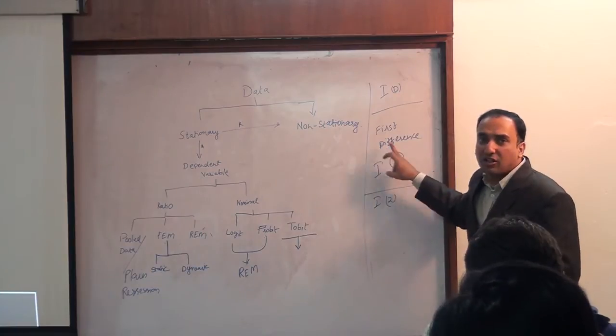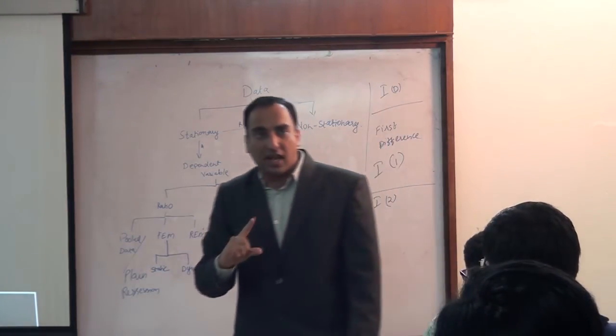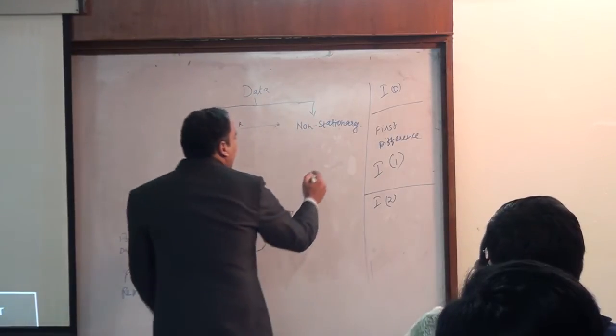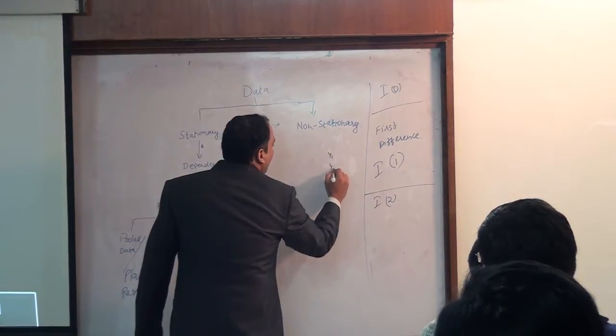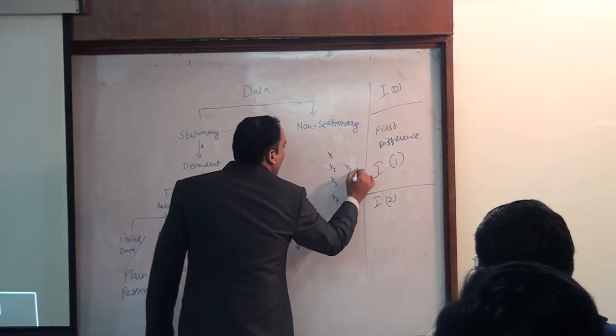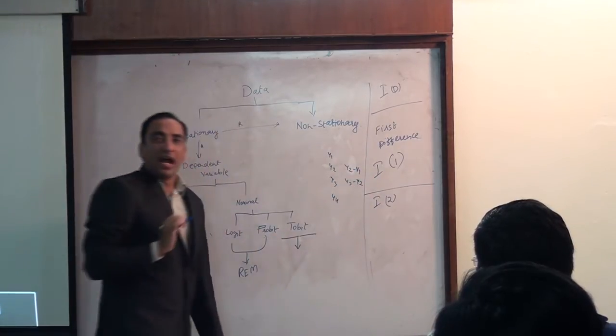Then comes the first difference. First difference means my data is not stationary, meaning it has a unit root, but I am taking the first difference. Suppose I have y1, y2, y3, y4. I will do y2 minus y1, y3 minus y2, and so on.